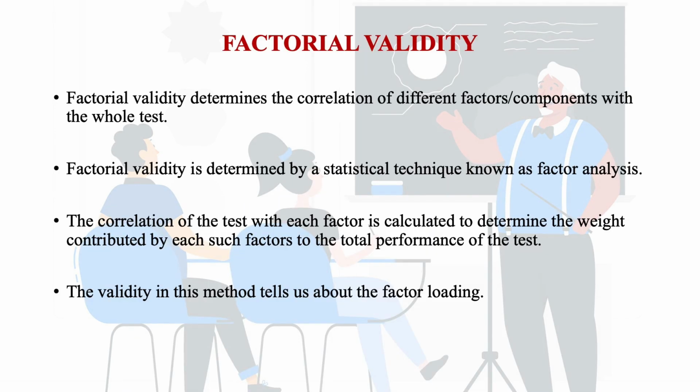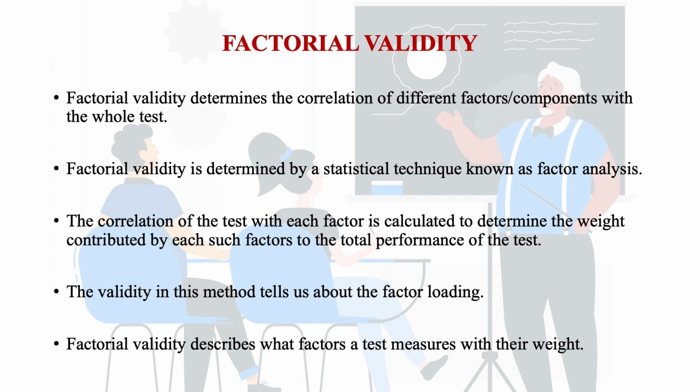So that's why you have to analyze which factor is contributing how much, which factor is contributing very largely and which factor is very negligible, and that is also called factor loading. Factorial validity describes what factors a test measures with their weight. That means the factors are putting a certain load, a certain weight. So you have to analyze how much weight each factor is putting.